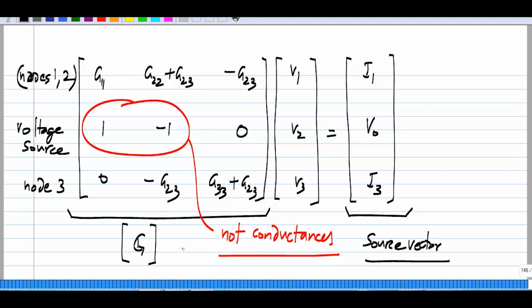We have some matrix times the unknown vector to be equal to the source vector. I still denote it by I, but this source vector now also has voltage sources.